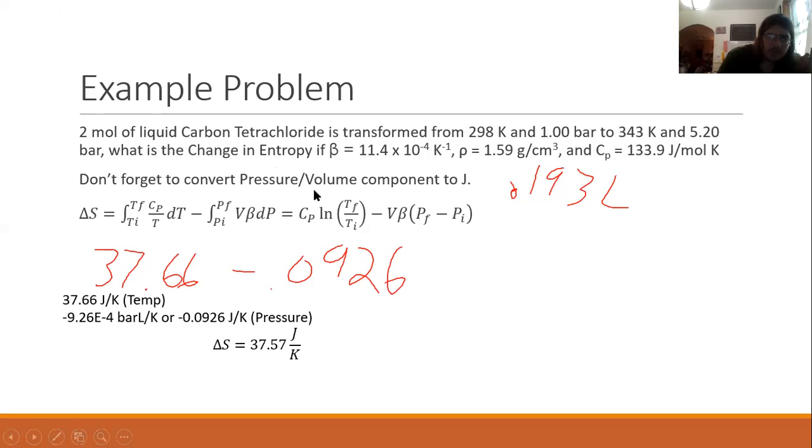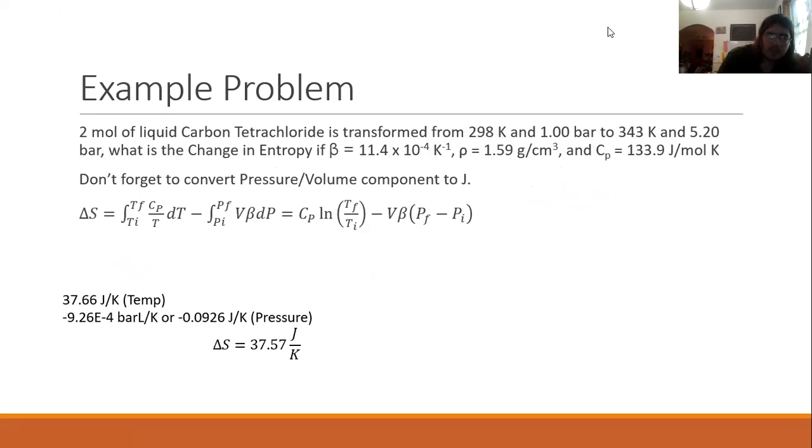Yeah. So, of course, that's not a really big change at all. But let's think about this. What does all this mean? We have liquid carbon tetrachloride, which is why we're not using the ideal gas equation. An ideal gas will change a lot when you put pressure on it.